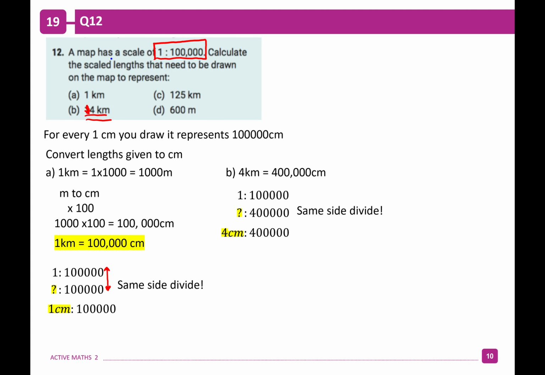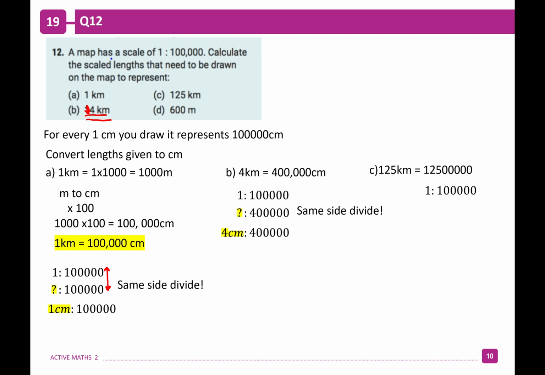Let's try one more. 125 kilometers. The first thing we need to do is change your kilometers into the same unit as your scaled lengths. So we need to change our kilometers into centimeters. If 1 kilometer is equal to 100,000 centimeters, 125 kilometers is equal to 125,000 centimeters.